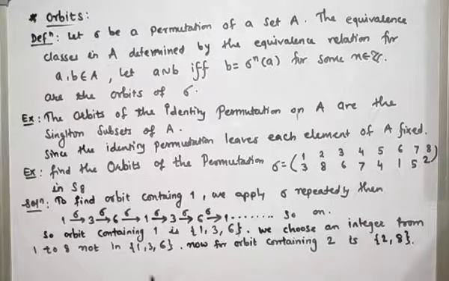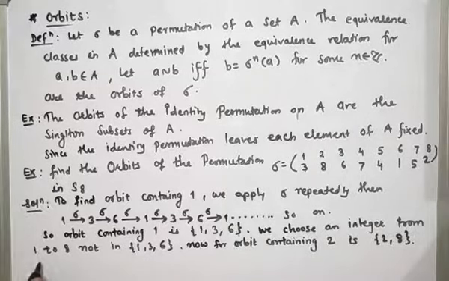Now finally, here we have 1 2 3 6 8. Among the remaining elements, the next element is 4, because 4 is not there in the two orbits.